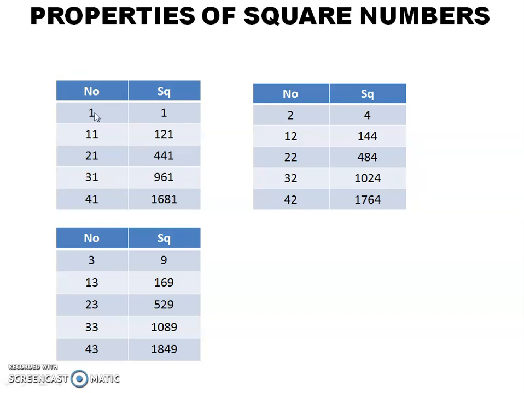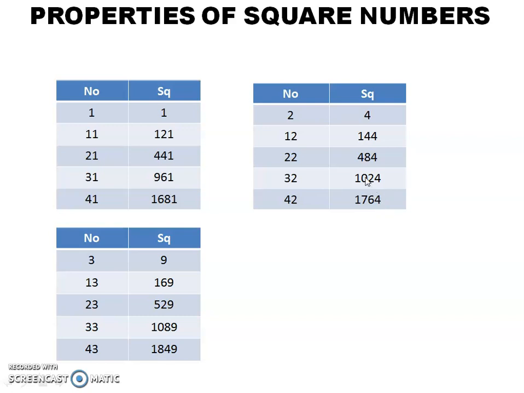Can you see any peculiarity in these square numbers? Yes. If the number ends in 1, its square also ends in 1. Can you see that? Now, let us see numbers ending with 2. Okay, that is 2 into 2, 4. 12 into 12, 144. 22 into 22, 484. 32 into 32, 1024. 42 into 42, 1764.